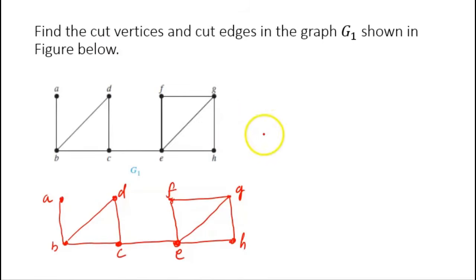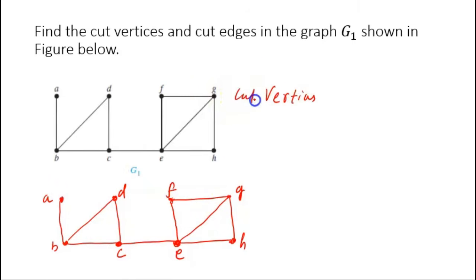So let us take this example. In this graph, we want to find the cut vertices and cut edges. For our convenience, we have drawn the same graph below here. First let us find all the vertices which are cut vertices.